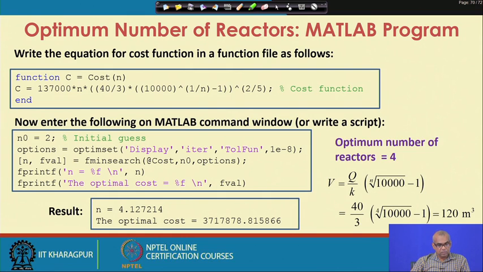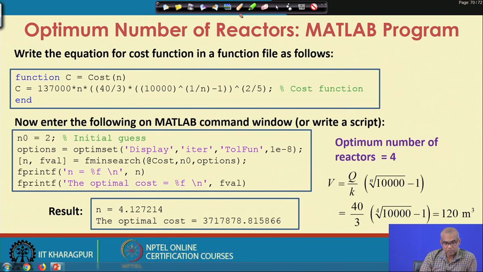So, we have this unconstrained minimization problem in a single variable. We can use fminsearch of the MATLAB optimization toolbox to solve this problem. If you remember, fminsearch uses the simplex algorithm to solve the problem.